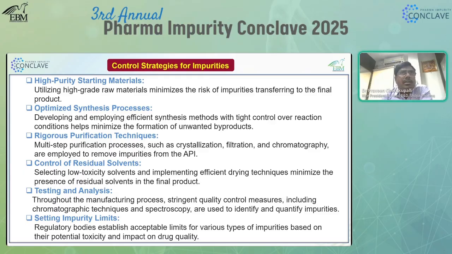If any impurity is specified and unknown, making it known is always advantageous, because you can then have an appropriate control strategy for that impurity.